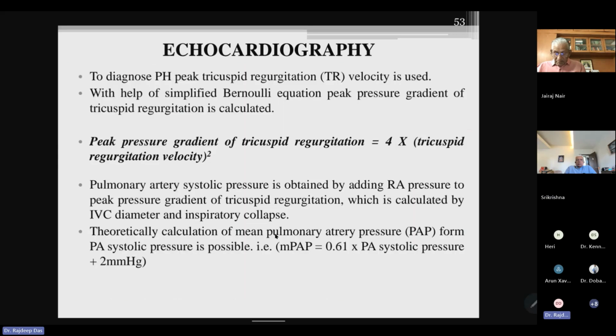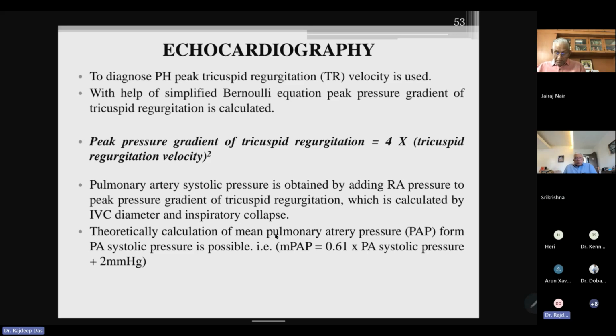In this slide, we can see that through echocardiography, to diagnose pulmonary hypertension, peak tricuspid regurgitation velocity is used. With the help of the simplified Bernoulli's equation, the peak pressure gradient of the tricuspid regurgitation is calculated.